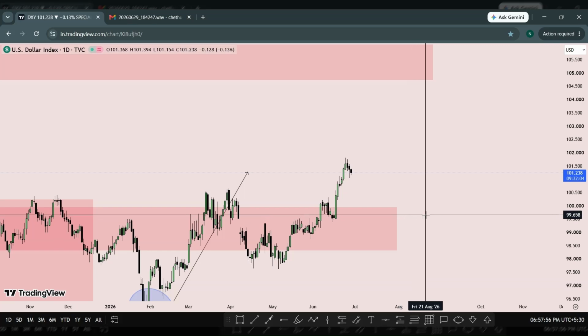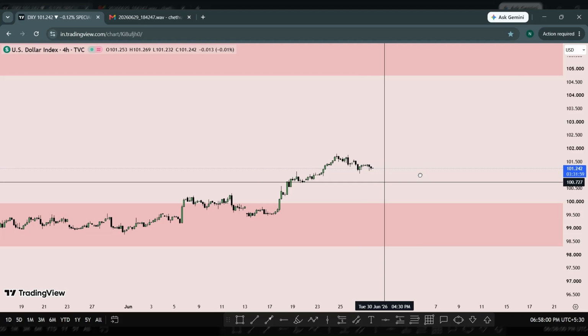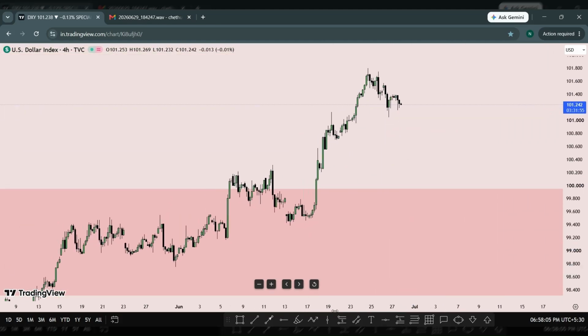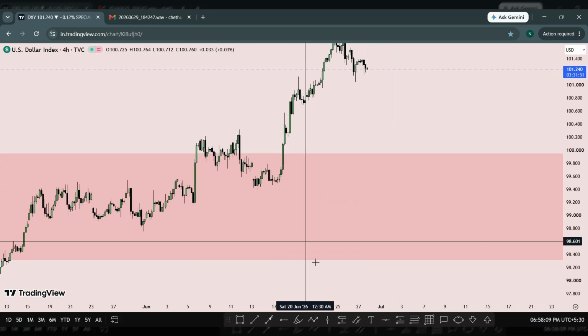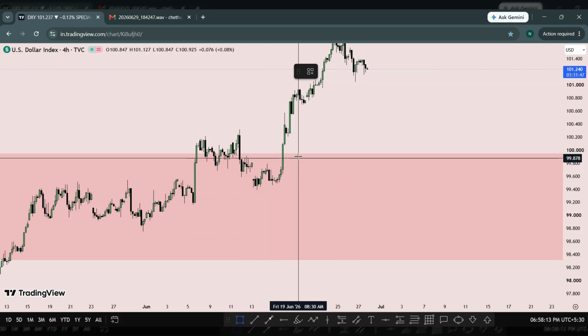Let's jump into the chart. Switching to 4-hour chart. Here, after finding a great support and resistance zone, find the best supply and demand zone with a strong fair value gap.